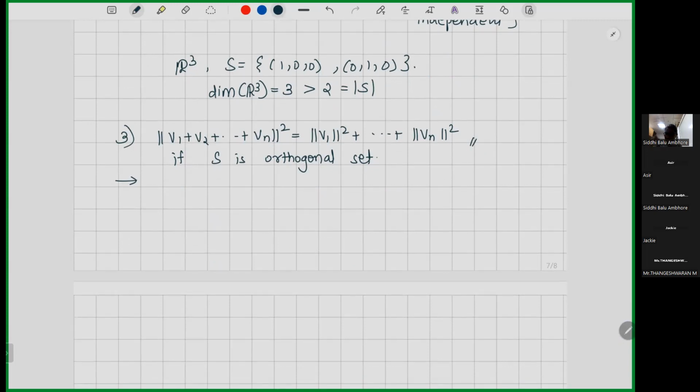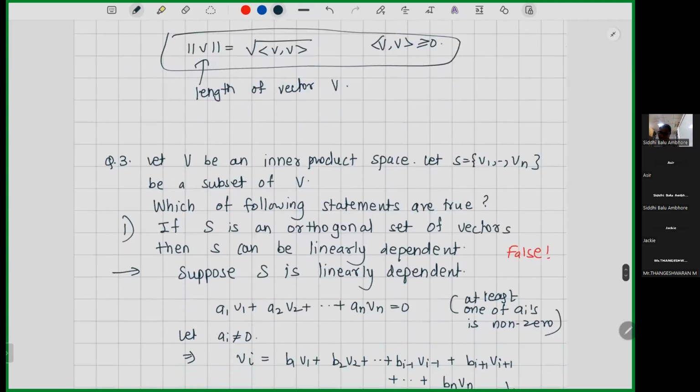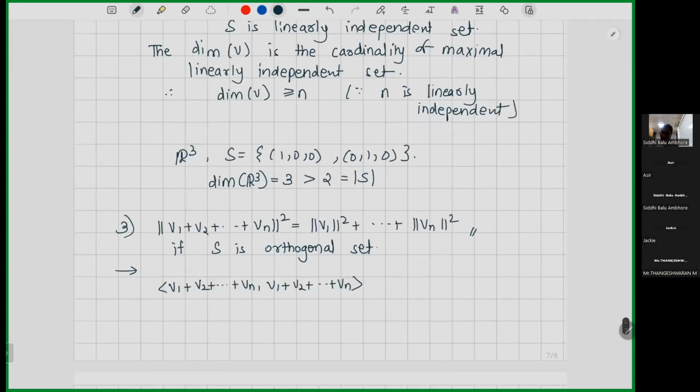So what is this? The norm squared is already squared. So this is the inner product of v1 plus v2 plus so on up to vn with v1 plus v2 plus so on up to vn. Since S is given in an inner product space, and the base field is not given, let it be.